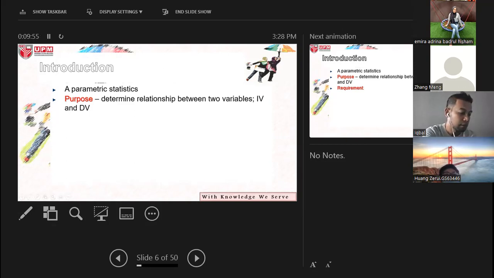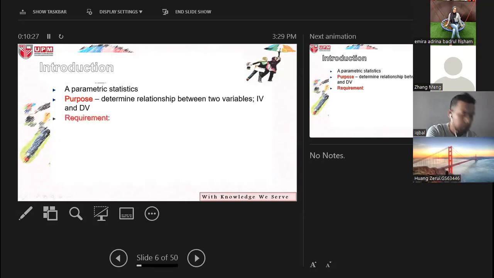So the purpose of using the Pearson product moment correlation is to determine the relationship between the two variables, which are IV and DV. And sometimes, let's say you are testing for multicollinearity, for example, you are not interested in determining the relationship, but you are interested to determine whether there are multicollinearity issues in your data set. That is also possible.